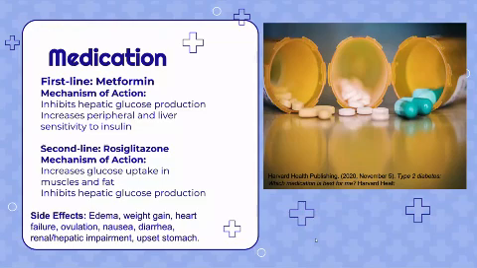Activation of PPAR gamma receptors regulates the transcription of insulin-responsive genes involved in the control of glucose production, transport, and utilization. In this way, rosiglitazone enhances tissue sensitivity to insulin. Side effects include fluid retention and weight gain.